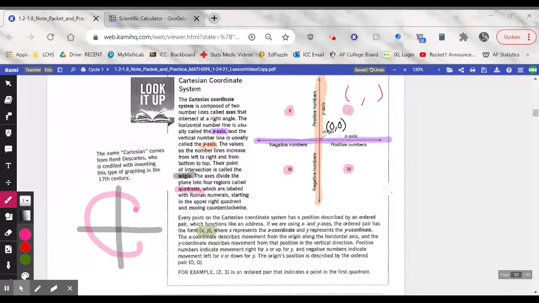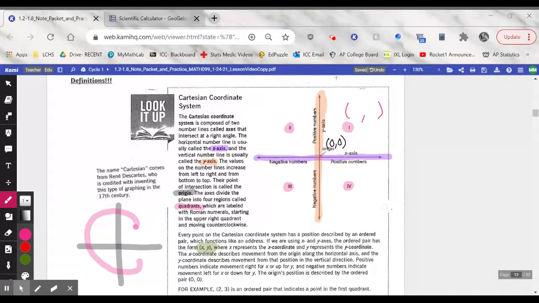So if you are in quadrant 1, any point in quadrant 1 is going to have a positive x value and a positive y value. And remember that your ordered pairs are first going to describe the x value and then the y value. So in quadrant 1, both of the x and the y values will be positive.